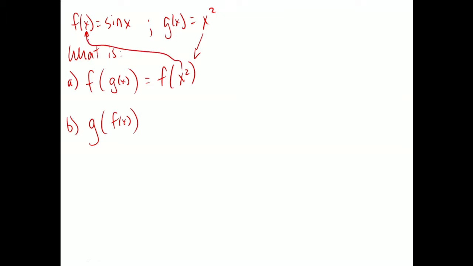Well, if I put an x squared there, then I should put an x squared there, which means this is really just sine of x squared, rather than just sine of x. Okay, so far this isn't anything super fancy, right? But just to have a recognition or an acknowledgement of what does this even mean.